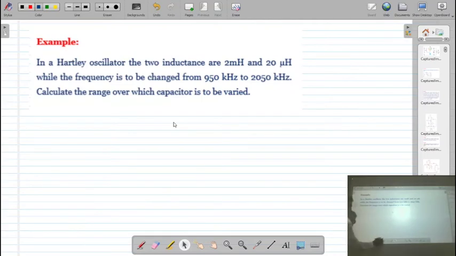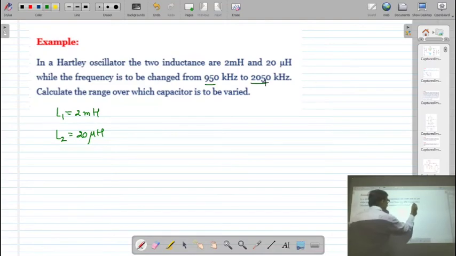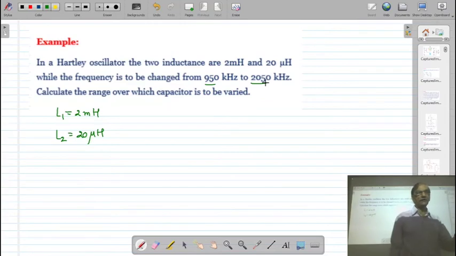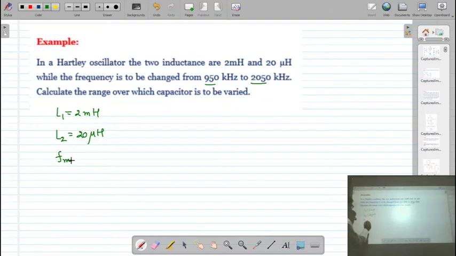So here, what is given to you? L1 is 2 millihenry, L2 is 20 microhenry. Now the frequency is changing from 950 kilohertz to 2050 kilohertz, meaning we have a minimum frequency and a maximum frequency. So the minimum oscillating frequency is 950 kilohertz, and the maximum frequency is 2050 kilohertz.